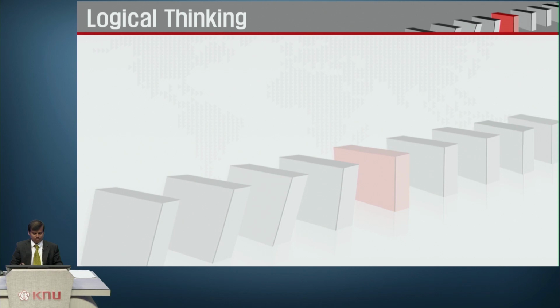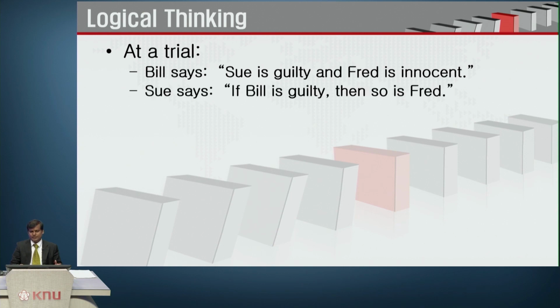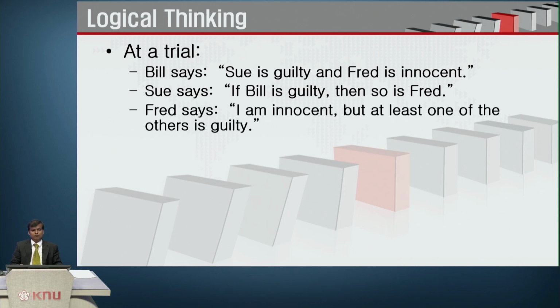Let's have some practice using logical thinking. Okay, at a trial here, Bill says Sue is guilty and Fred is innocent. Whereas Sue says if Bill is guilty, then so is Fred. But Fred says I am innocent, but at least one of the others is guilty.